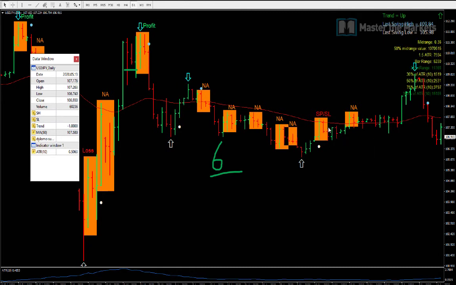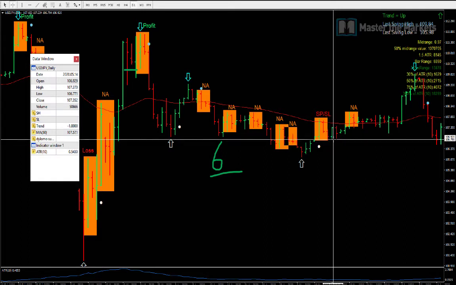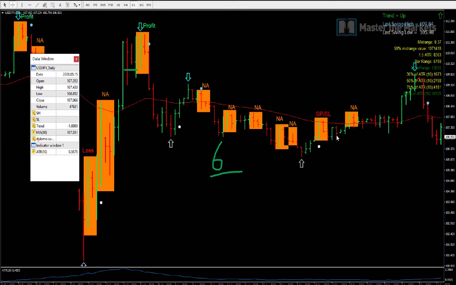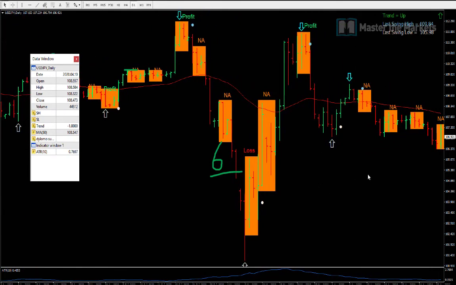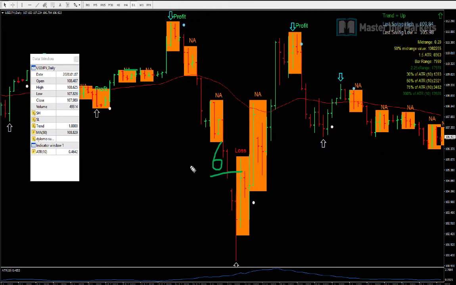Let's see. Yeah, this one would have, right? But then I think your stop loss would have triggered over here, isn't it? Because it did take out the low, we would have closed out, so it's a little bit of a loss. But even if you took that, that's about, let's say, 1.5 loss, isn't it? So we got 4.5 out of 6. Okay, it's quite a high probability, but a very small sample size only.